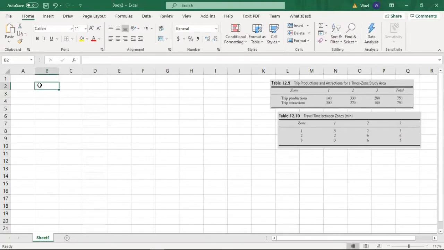So let's build here this array. First of all, that's origins. And here are going to be the destinations.